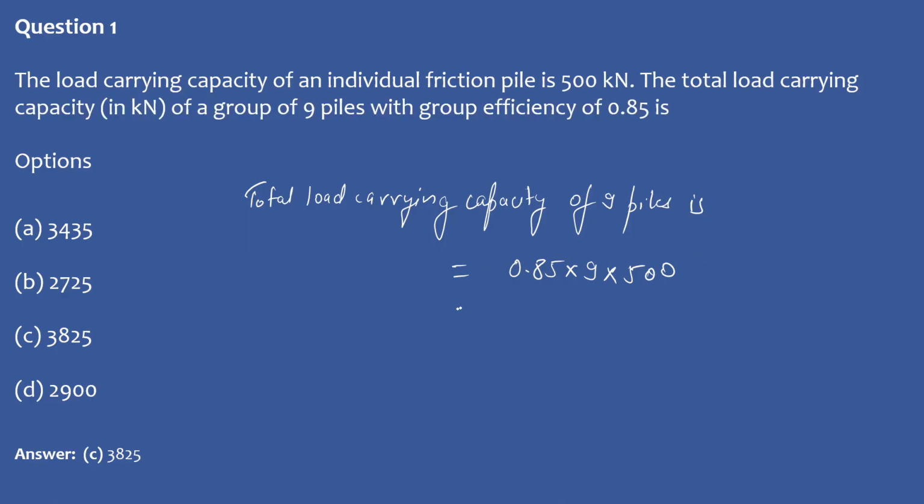So the total load carrying capacity of 9 piles can be evaluated by multiplying the efficiency with the capacity of each pile and then with the total number of piles. So this is 0.85 into 9 into 500, which is 3825 kilonewton. So the correct answer is C.